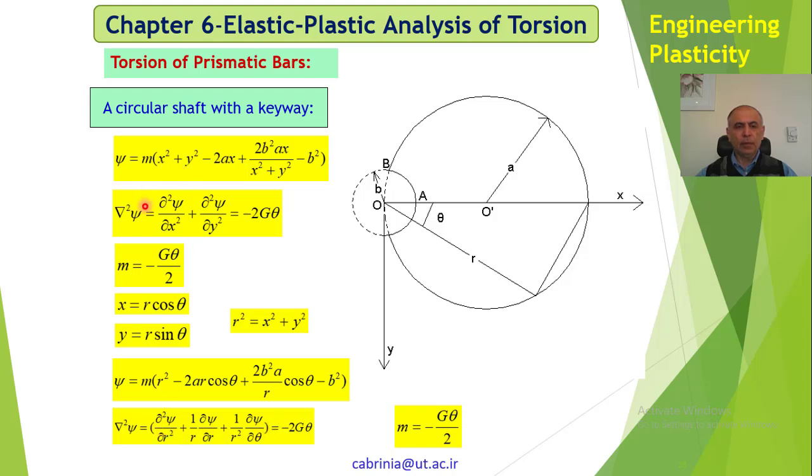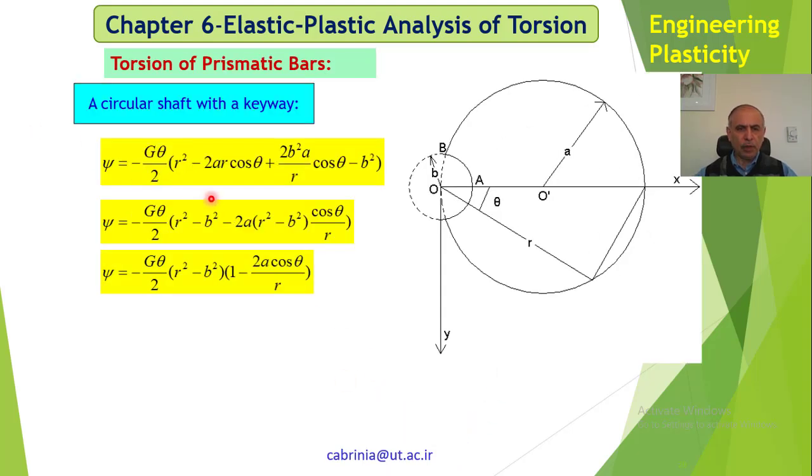This is the transformation of the Cartesian to the polar coordinates. So that should be minus 2g theta, and m is obviously minus g theta over 2.